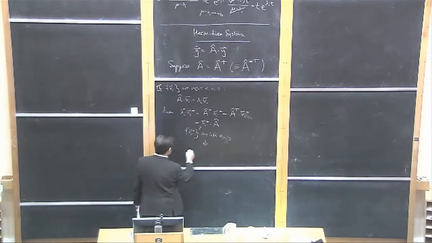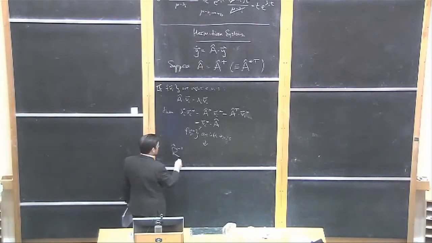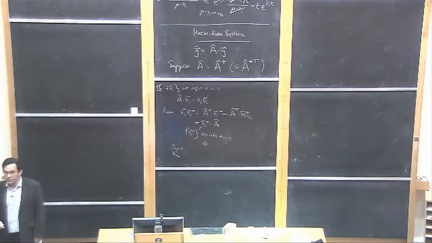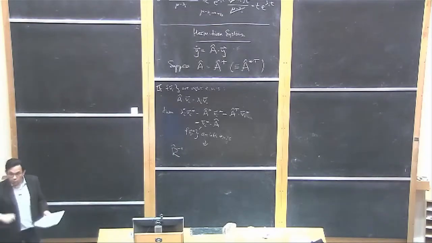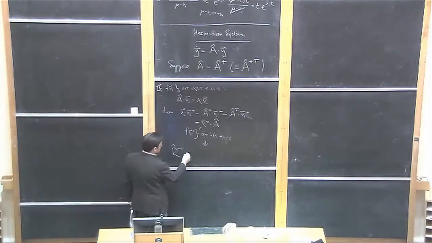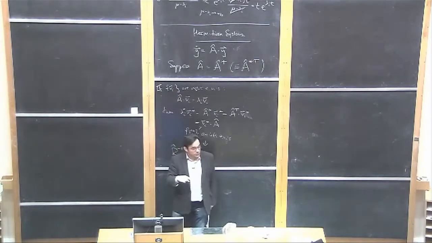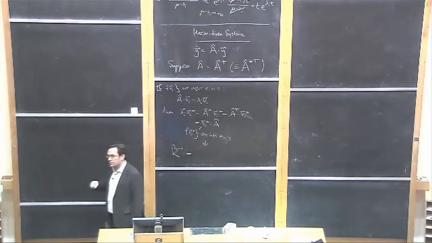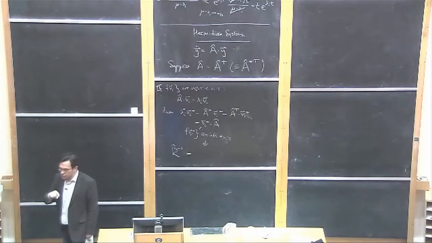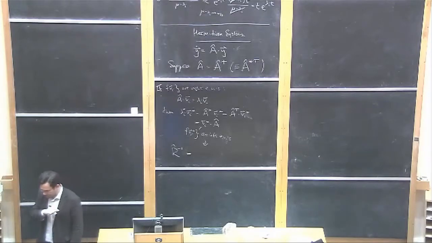But that means that, remember, I showed you that R minus 1 was a matrix whose rows were the left eigenvectors, and R was the matrix whose columns were the right eigenvectors.